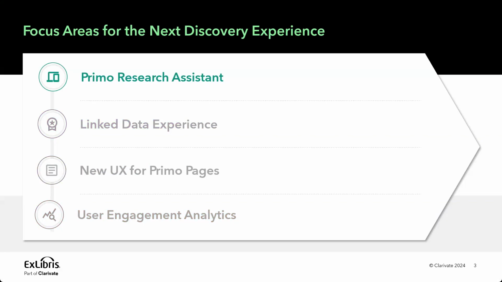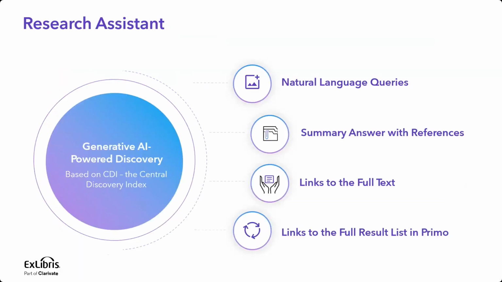I'm going to start with the first focus area, which is the Primo Research Assistant. You've all heard the exciting news in September during the Igloo conference and right after in the listserv when we announced the Research Assistant is now live. The Research Assistant is an AI-based tool that provides your users with an easy starting point for their research.